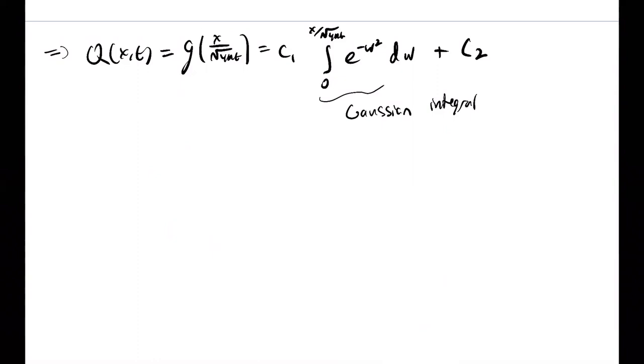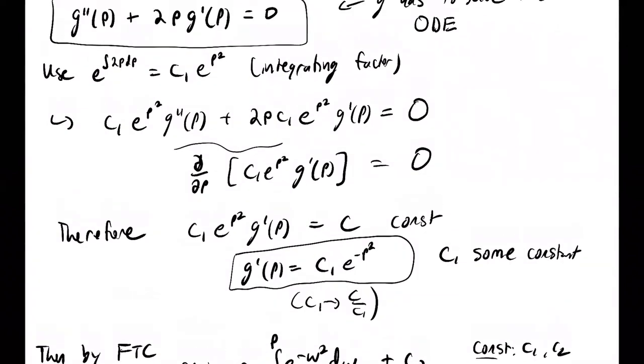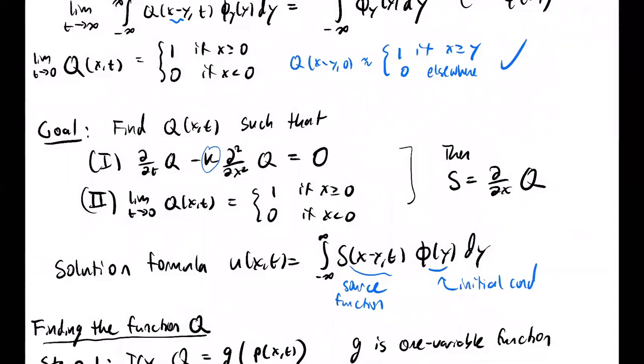Okay, and so now we're going to move on to step 3. Step 3 is just find the constants C1 and C2. How are we going to do this? Well, there's one piece of information about Q that we haven't used yet, which is the second bullet point over here, which are sort of like the initial or boundary conditions.